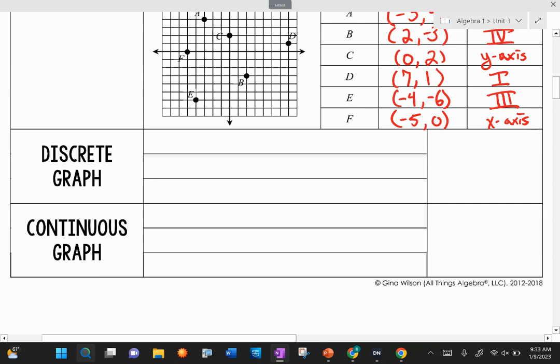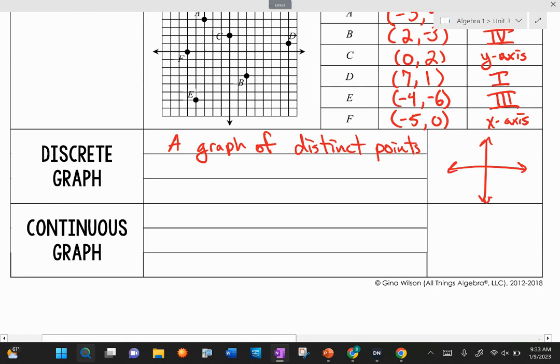A discrete graph is a graph of distinct points. So you would have points, points, points, points, points, points, points.